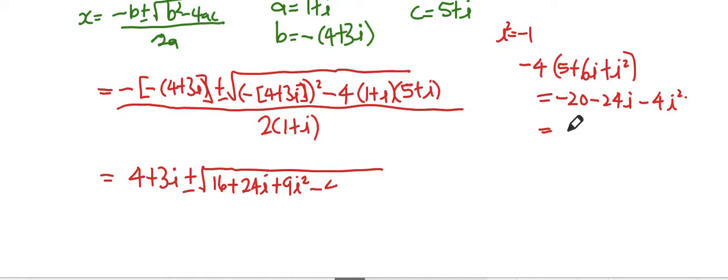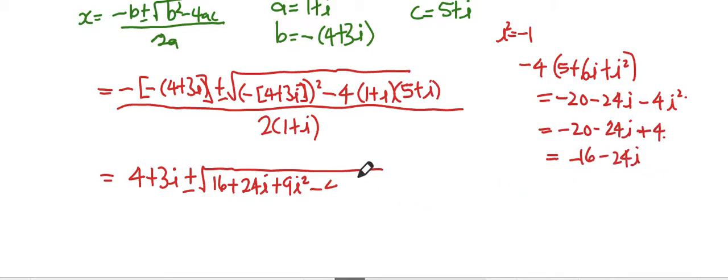So if I substitute i² with negative 1, I get positive 4. So that leaves us with negative 20 plus 4, which is minus 16, and then negative 24i.